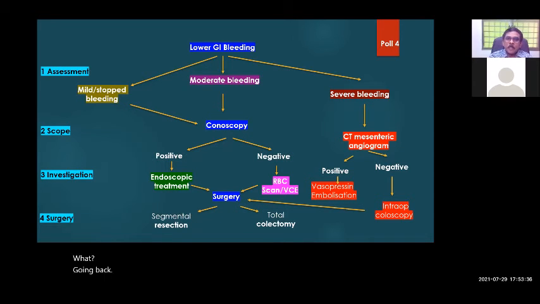But in this case, it's an emergency procedure. We dare not join it back because if you join it back in an emergency, there is a high rate of breakdown. So what you do is a temporary colostomy. After a few weeks or a few months, sometimes 1-2 months depending on how fit the patient is, you go and join it back.